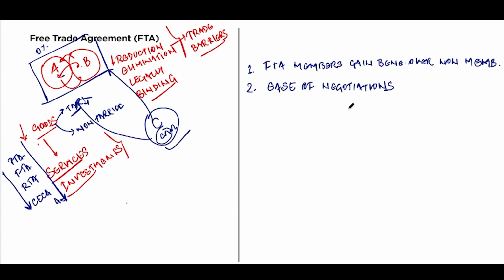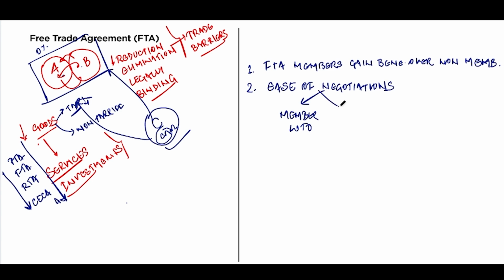Also, free trade agreements offer huge ease of negotiation. Because if you look at another trade agreement, that is WTO, now WTO has a very vast membership. There are more than 190 countries that are members of WTO.